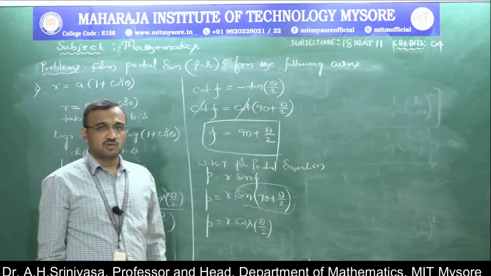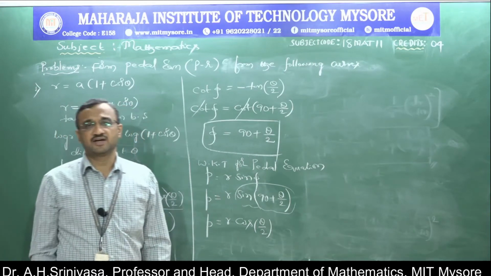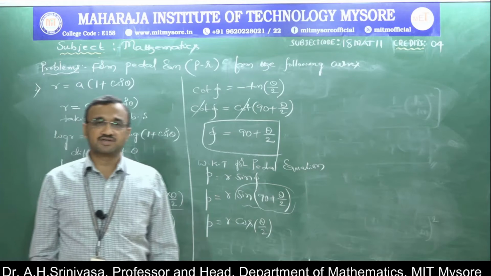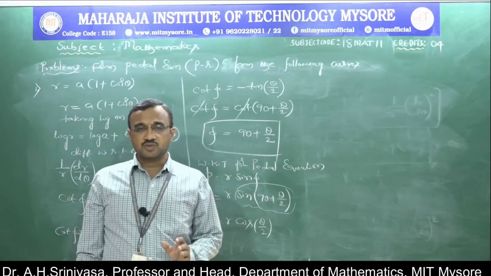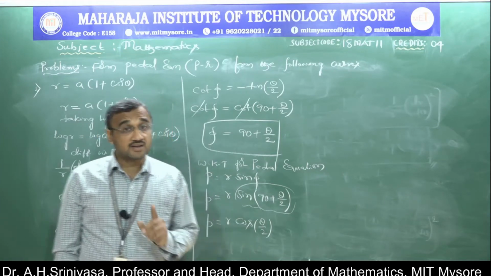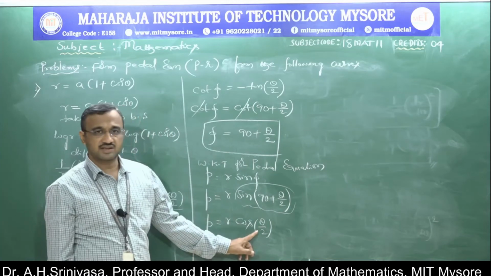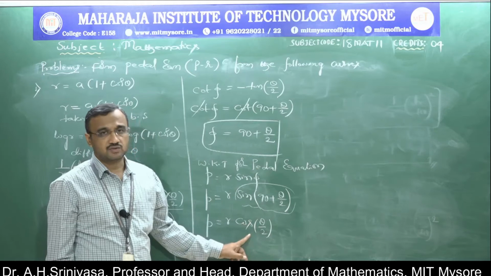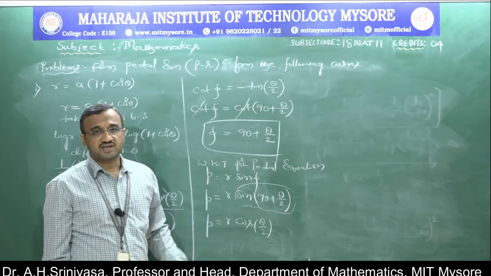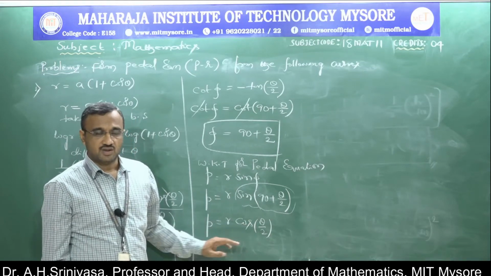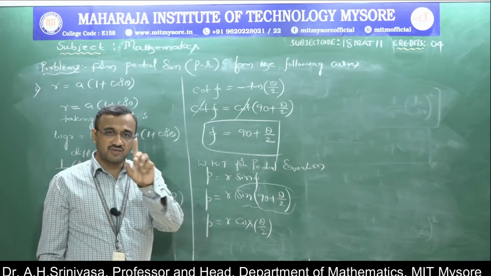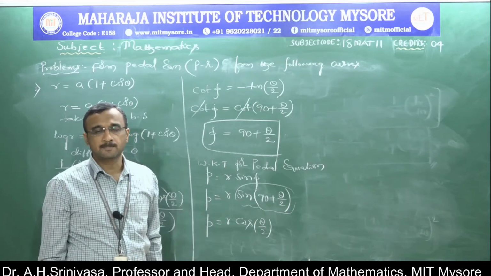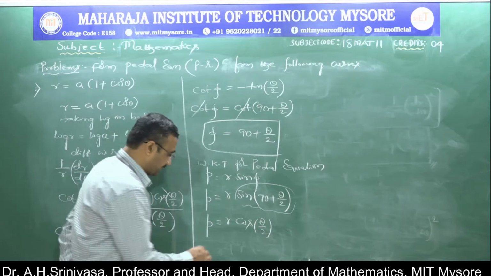So in the beginning I told you, if you say it is a pedal equation, it should contain p and r. But in this equation some angle is there now. Cos theta by 2 is there. I am going to remove this cos theta by 2. Otherwise we cannot say it is a pedal equation. If you say pedal equation, its equation should contain only p and r. Okay.